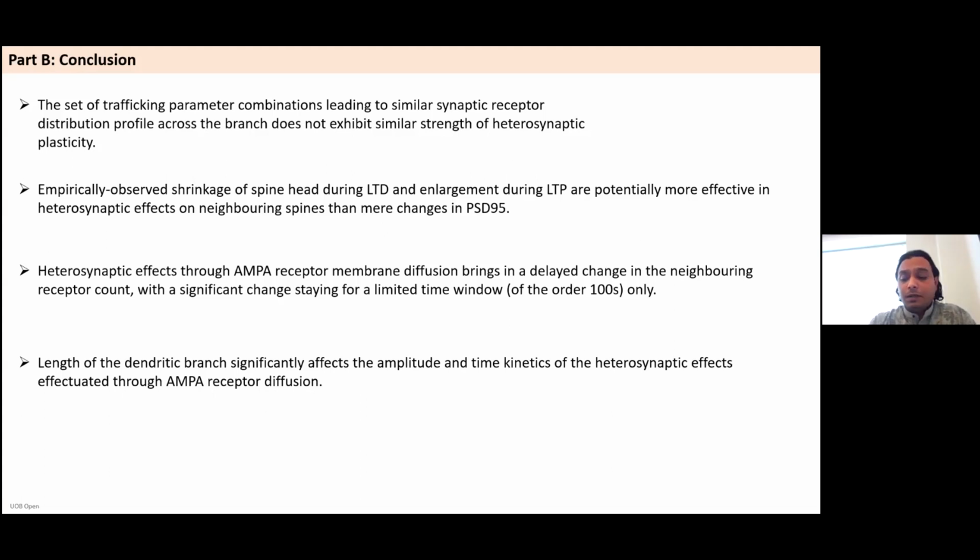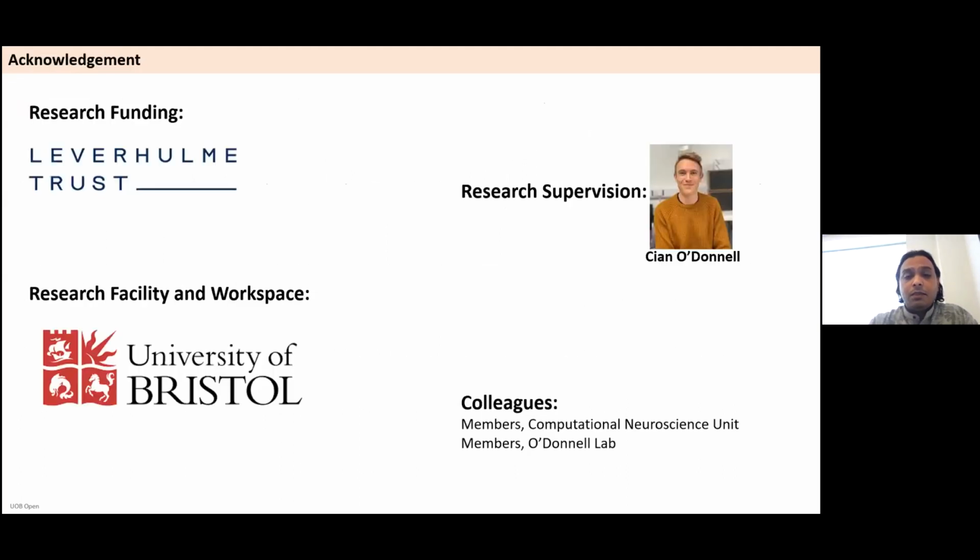So maybe this limited window has an implication that might be used for establishing a correlation between the LTP and LTD events amongst neighboring spines. And the length of the dendritic branch has been seen to affect a lot the amplitude and time kinetics of the heterosynaptic effects.